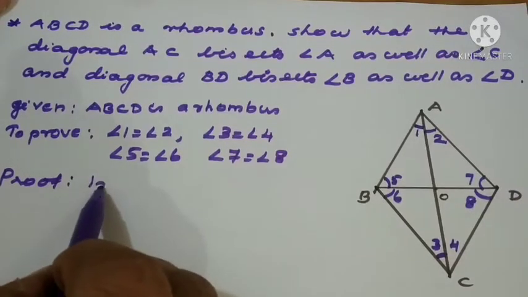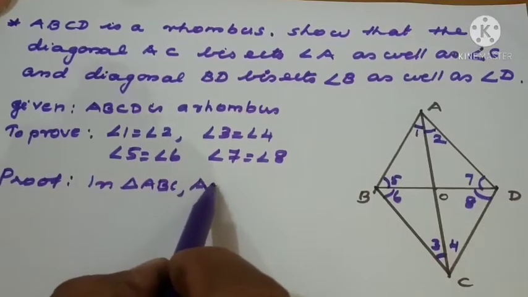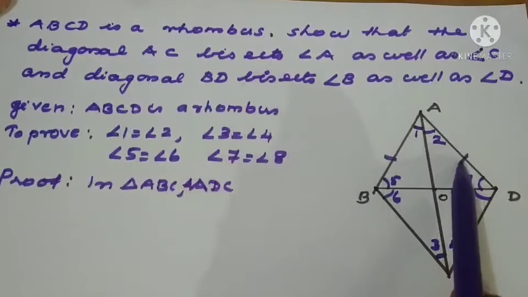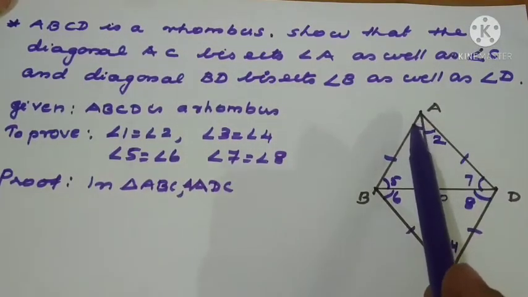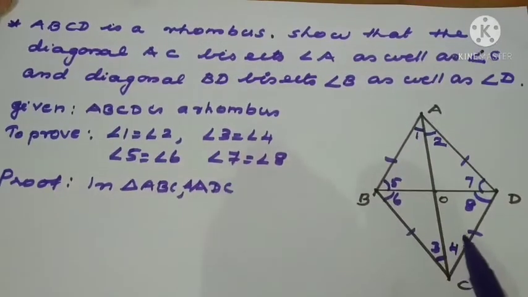In triangle ABC and triangle ADC, see, it is a rhombus, so all four sides are equal. So we are taking triangle ABC. In triangle ABC, which angles are equal?